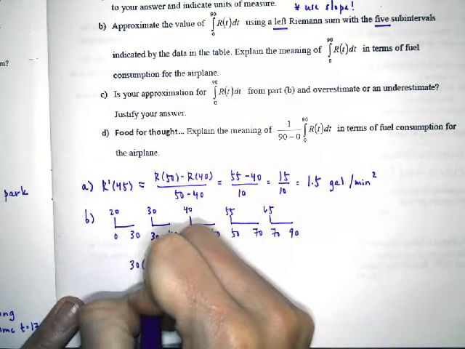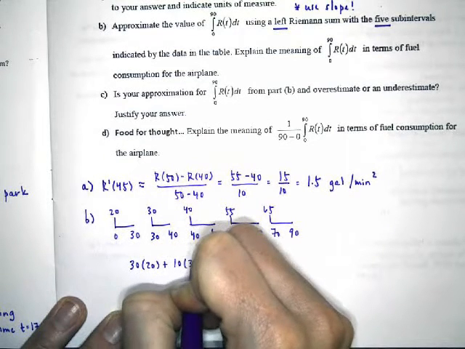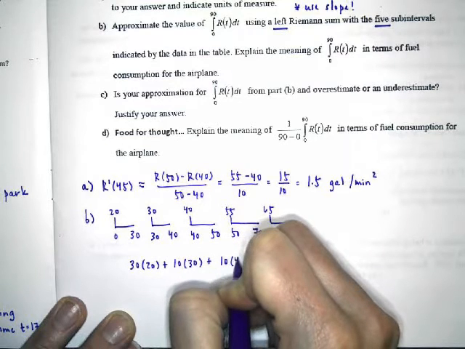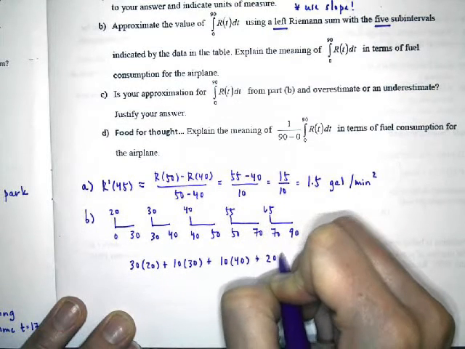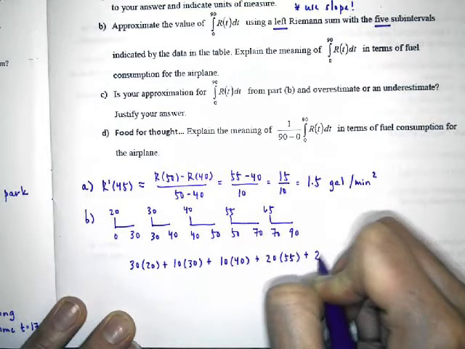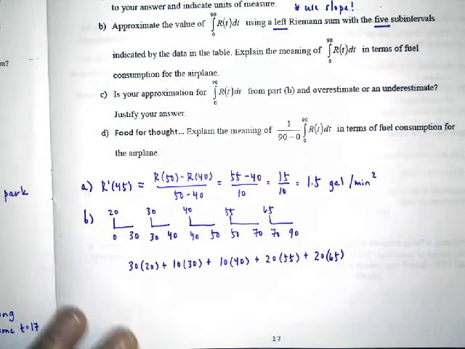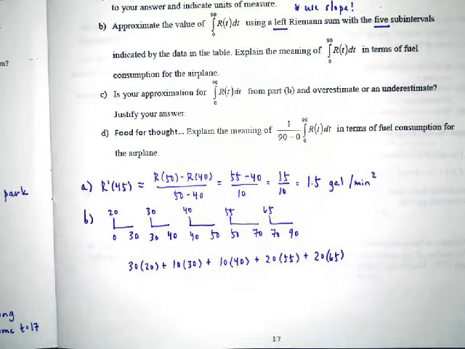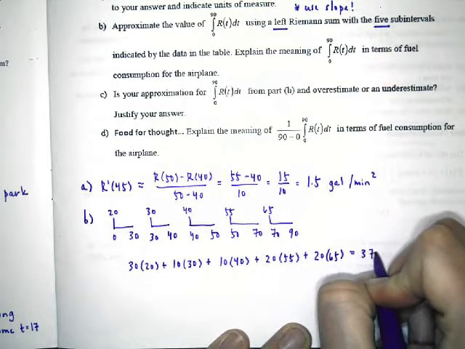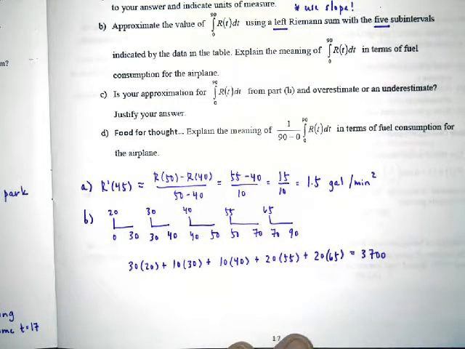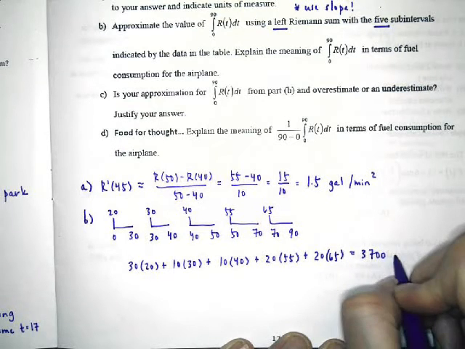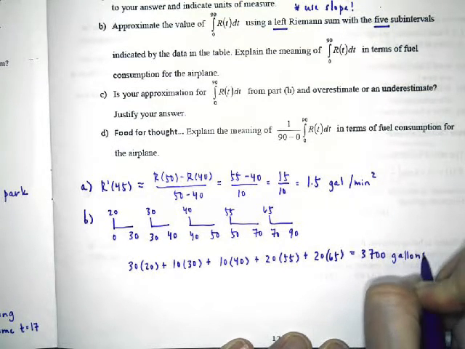So I'm just going to do 30 times 20 plus 10 times 30 plus 10 times 40 plus 20 times 55 plus 20 times 65. And so quickly adding those up, it's going to give me 3,700. And again, I'm multiplying gallons per minute times minutes, so my units are going to be in gallons.